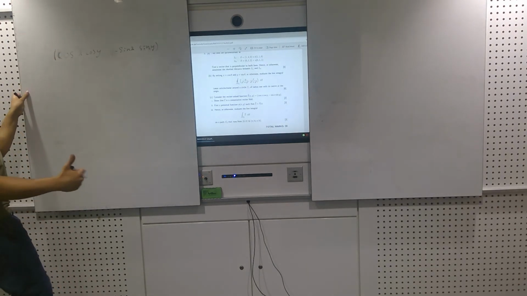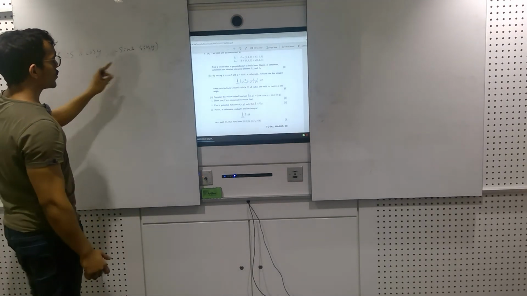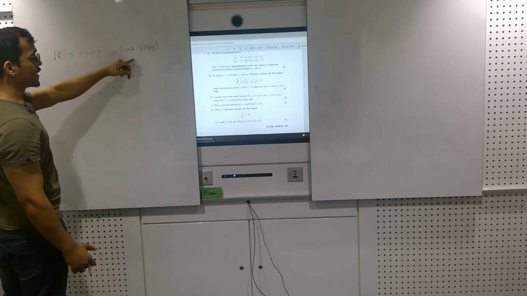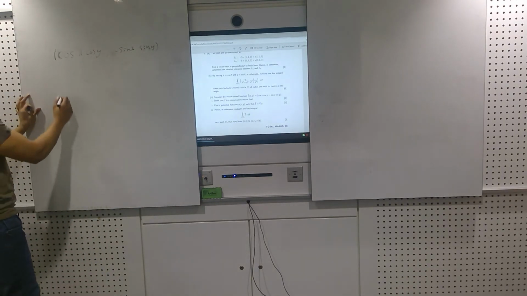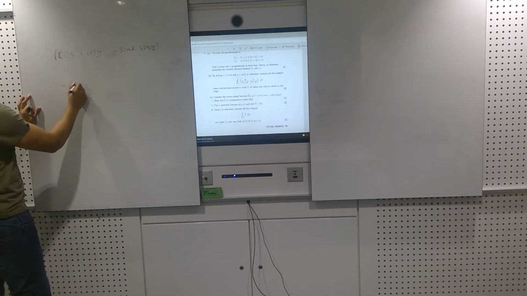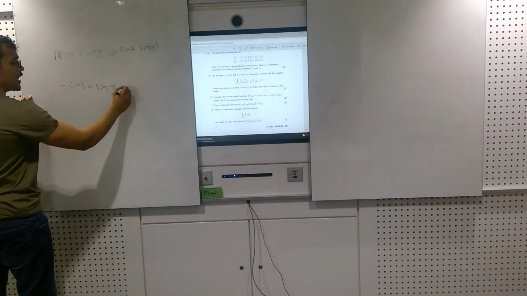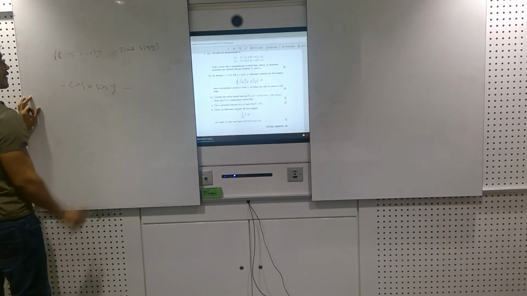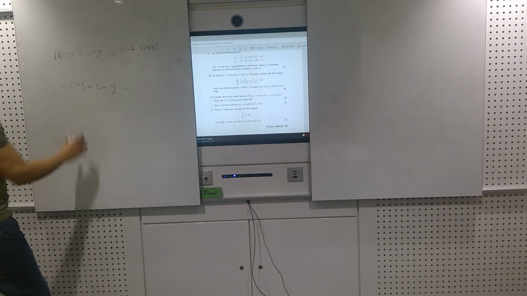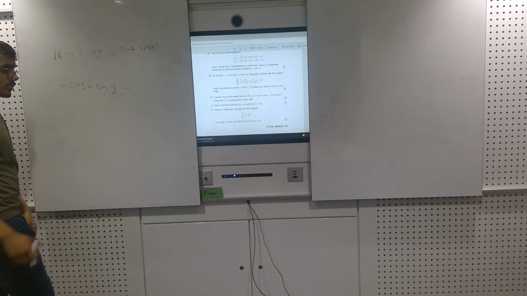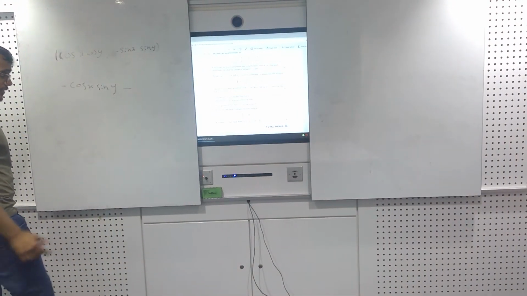We want to take the curl of this function. The second term is differentiated with respect to x, so it would be negative cosine of x, sine of y, and subtract this term differentiated with respect to y, so cosine of y gives negative sine of y.